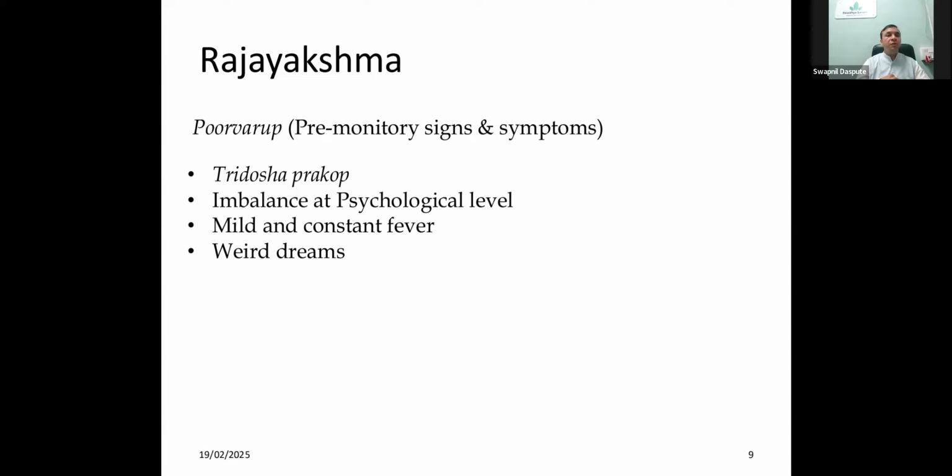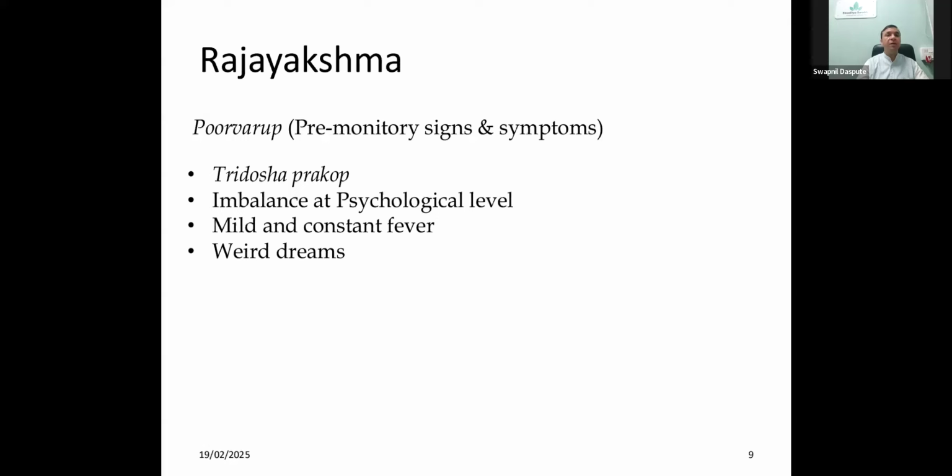In Purva Rupa, Tridosha Prakopa will be seen. Imbalance at psychological level, as we saw that impatient behavior or inconsiderate behavior is seen. So the patient will start showing symptoms of getting angry on smaller things as well.